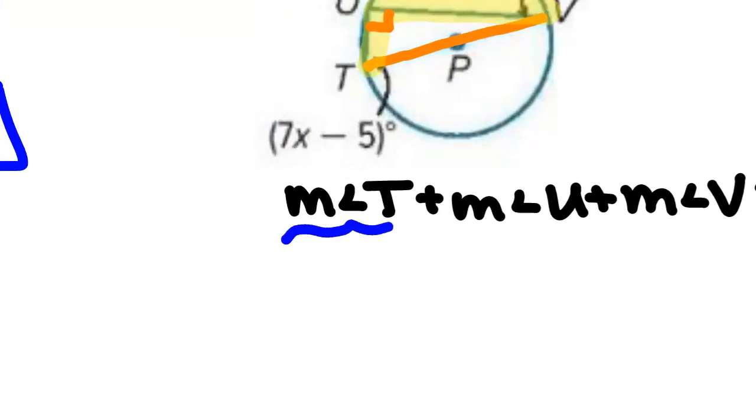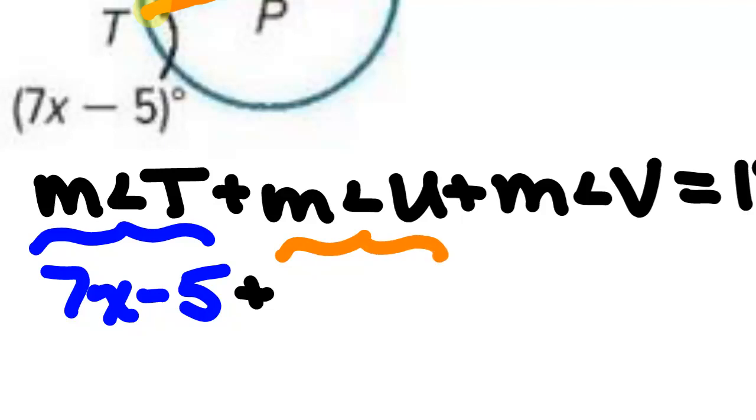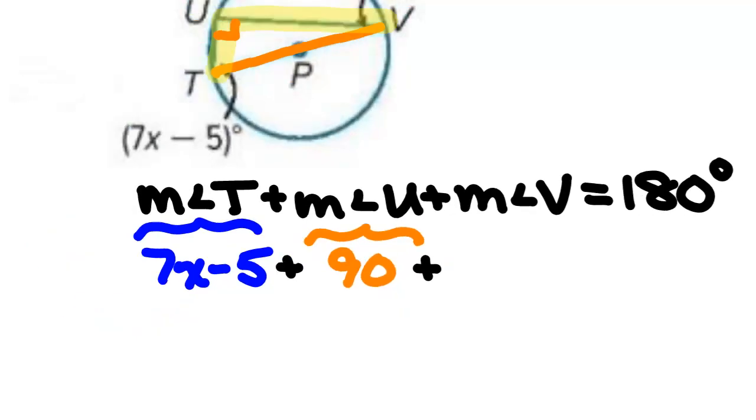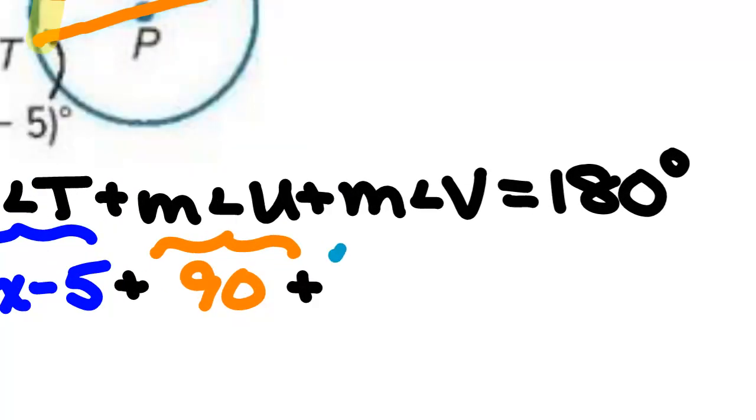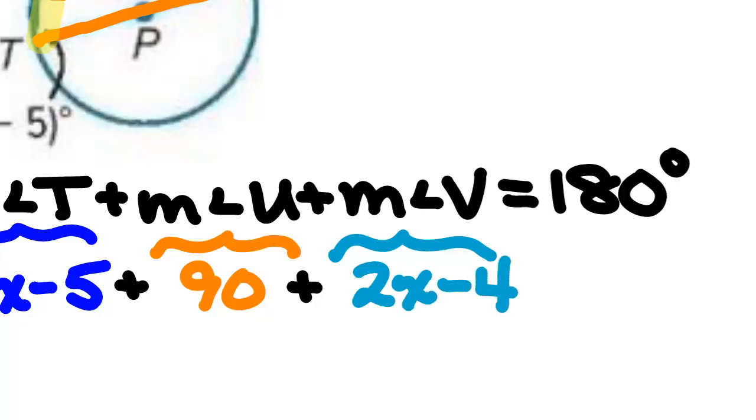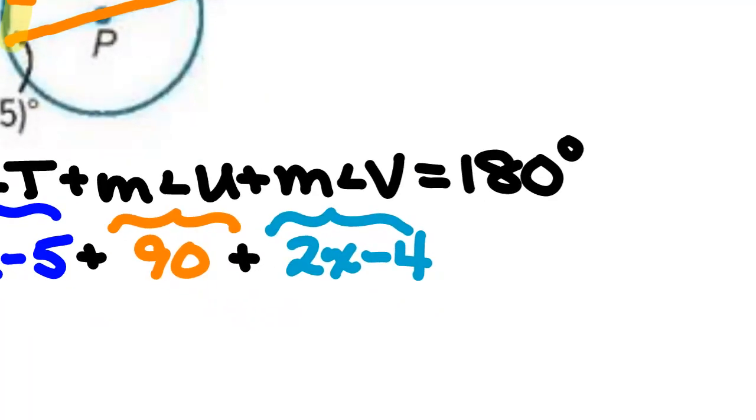Angle T is 7x minus 5. Angle U, that's my right angle, my 90-degree angle. And angle V is 2x minus 4. Add all those things together, and that equals 180.